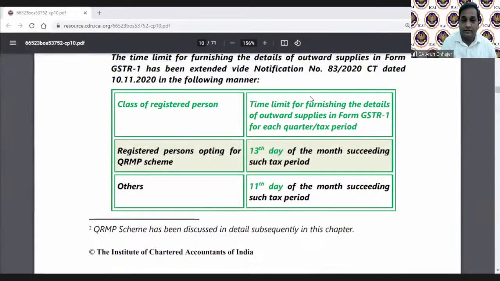What is the date? In case of monthly, it is the 11th, and in case of QRMP, it is the 13th day of the month succeeding the tax period, meaning after the end of the quarter. So that is about the GSTR1 due date.